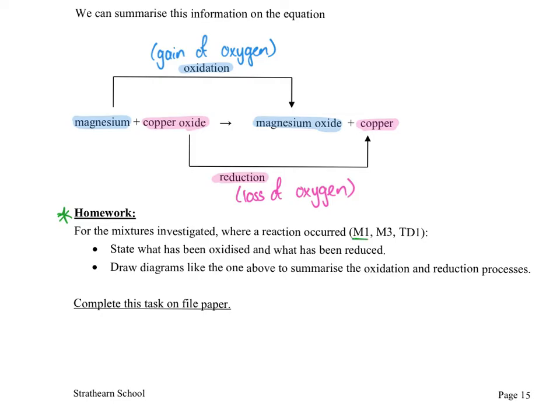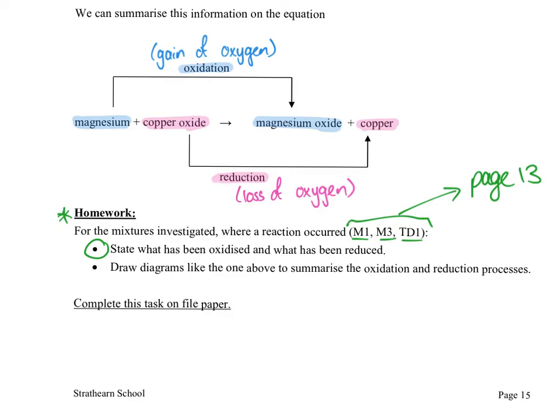So for mixture 1, mixture 3 and teacher demonstration 1, you can find what those mixtures were on page 13 of your booklet. You'll see that mixture 1 was iron and copper oxide, mixture 3 was zinc and iron oxide, and teacher demonstration 1 was zinc and copper oxide. So for each of those mixtures, you'll have 3 examples. You need to state what has been oxidised and what has been reduced.